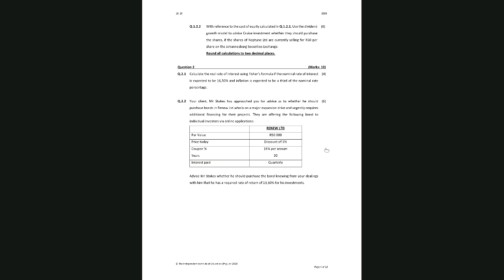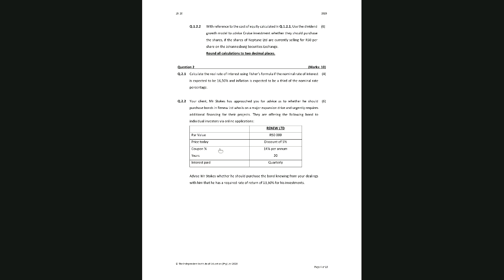So what is PMT? PMT is the rand value of the regular annual amount that I will get paid. So if you look at this information on the screen now, what rand value will the holder of this bond receive every single year for 20 years? It will be the amount of interest paid to them.